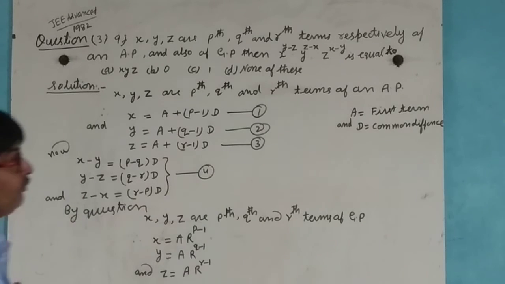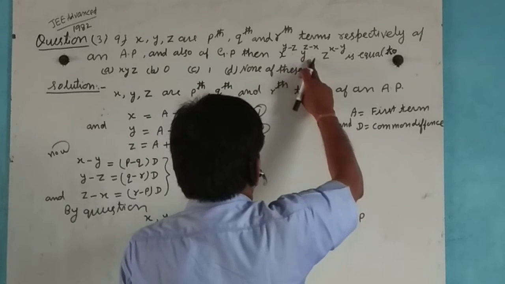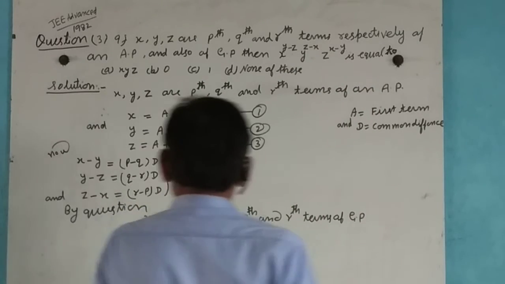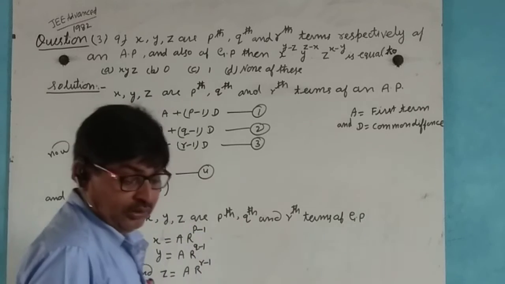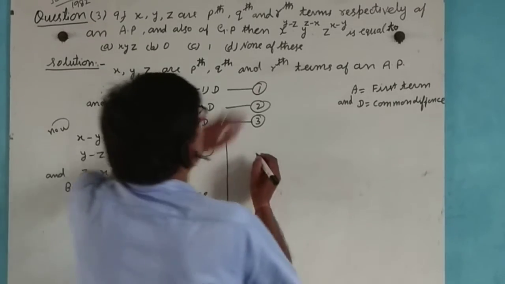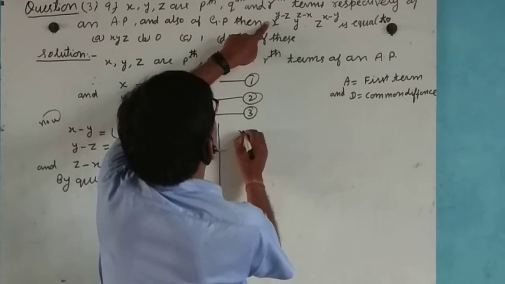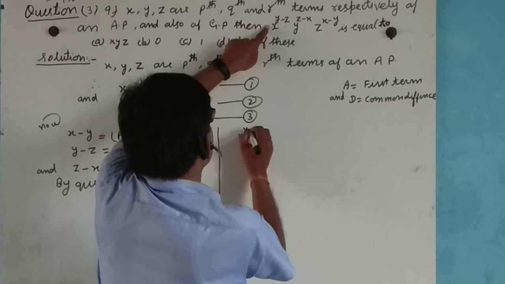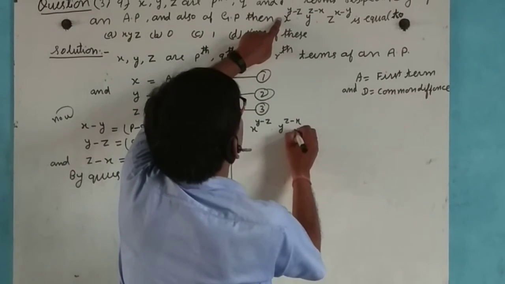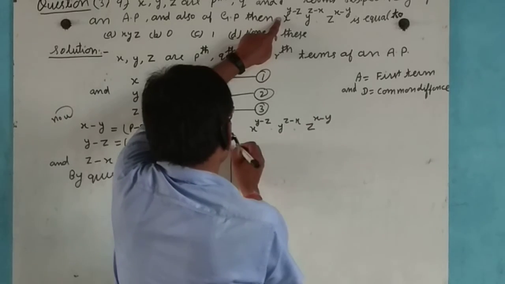Now we have to calculate the value of x to the power (y minus z) into y to the power (z minus x) into z to the power (x minus y).